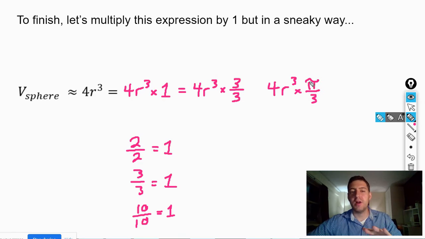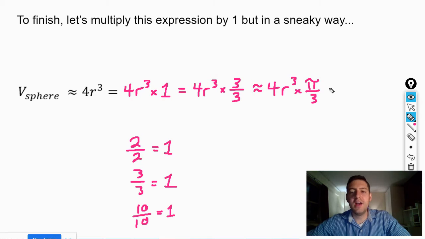Pi, remember, is approximately 3.14. So it is very close to 3. So if we divide pi by 3, then we would get something which is very close to 1. So we could say that this expression is approximately the same as all of the others.